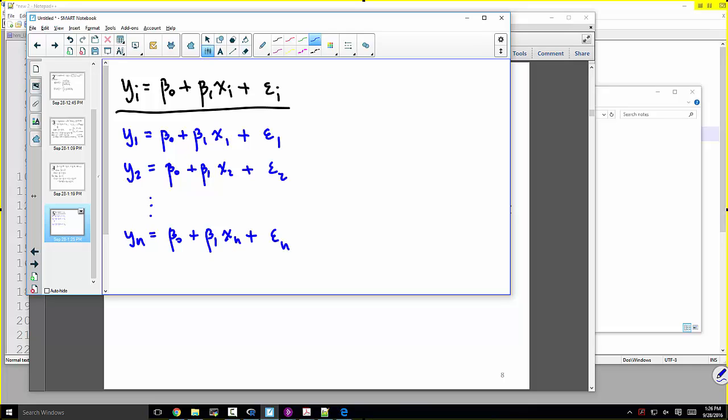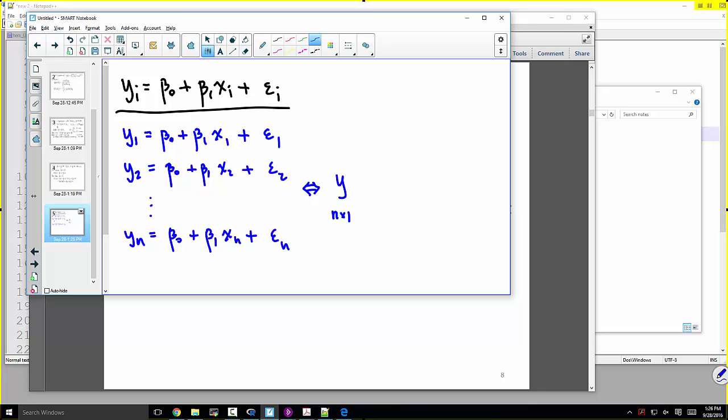Another way to write that is equivalent to a vector y. So a vector is like a column of numbers. Y, we could say, is n by 1. N rows, 1 column.